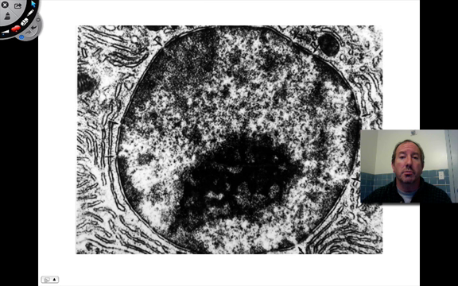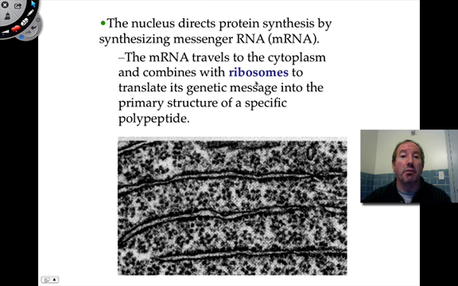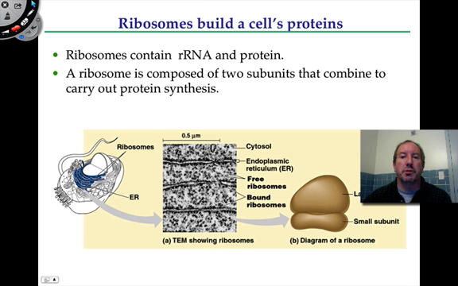Here's another cool picture of the nucleus. It's not the cell, it's just the nucleus. Here's the nucleolus. These arrows right here are pointing to the nuclear pores. All these little black dots out there are ribosomes. And so ribosomes direct protein synthesis. The way they're able to do that is they get the message from RNA, which contains the amino acid sequence, and that travels out into the cytoplasm where proteins are put together.